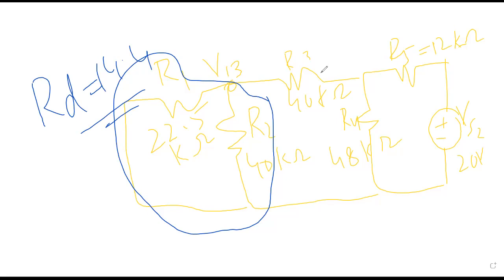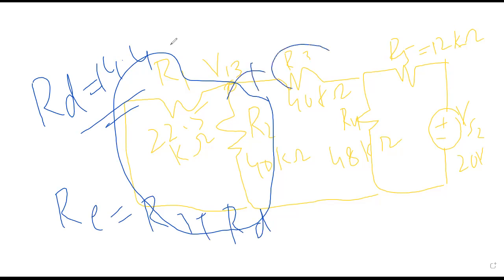And there is RE. RE will be R3 plus RD. So this resistance must be added with R3, so it will become 54.4 kilo ohm.